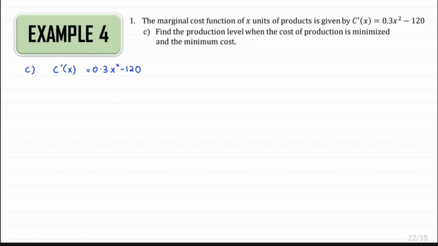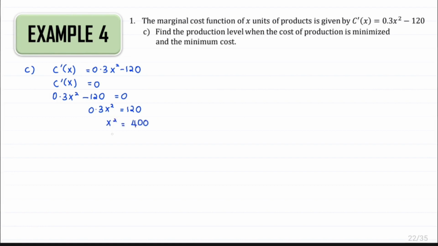We already have C'(x), so we no need to find it again. So we directly let C'(x) equal 0 to find the value of x. Since this is a level of production, it cannot be negative.